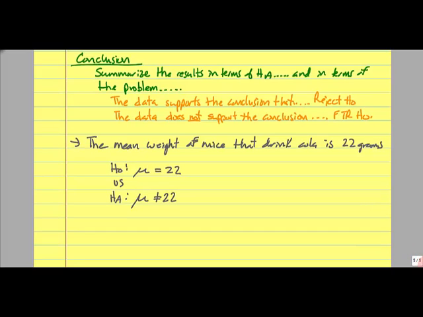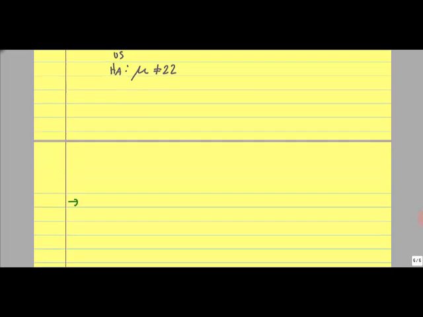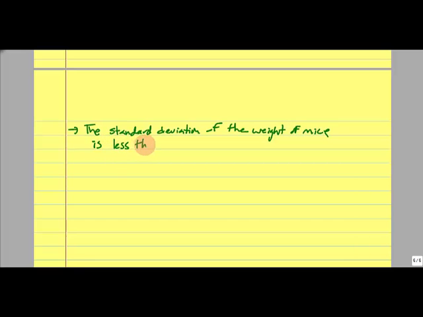Let's go ahead and look at another example. Now for this example, we could be talking about not necessarily the population mean, but we could be talking about the standard deviation. Let's go ahead and up here, where we have the mean weight of mice, let's test the hypothesis that the standard deviation of the weight of mice is less than 1.2 grams.